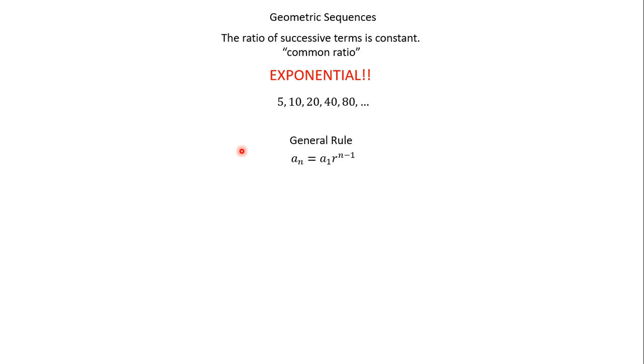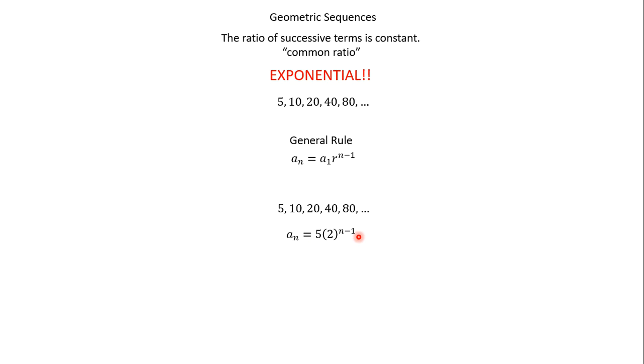So let's take the sequence that we have from up here and find the equation. We can see that the r was times 2, times 2, times 2. And the a1, the first term, is just 5. So we just need to plug that in. An equals 5 times 2 to the n minus 1.